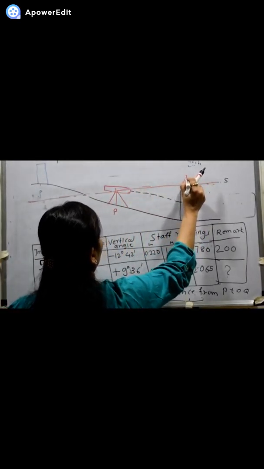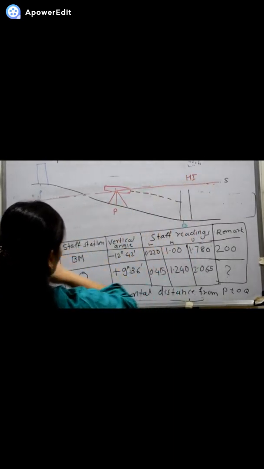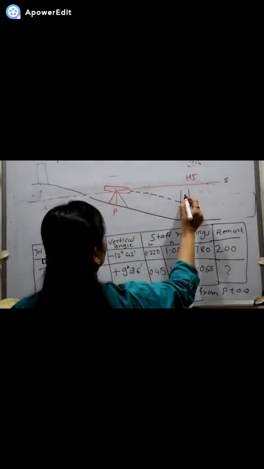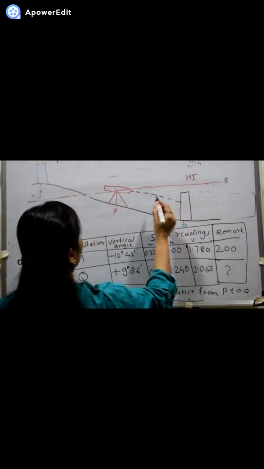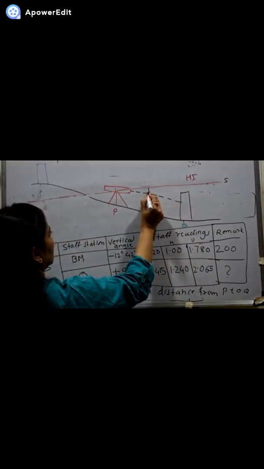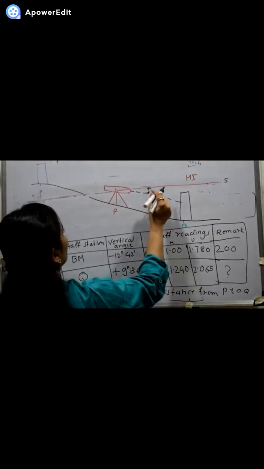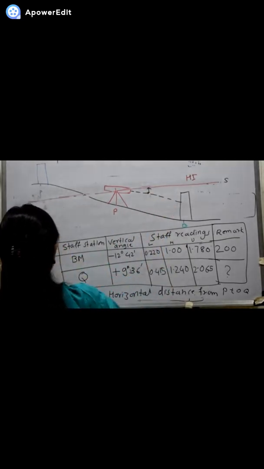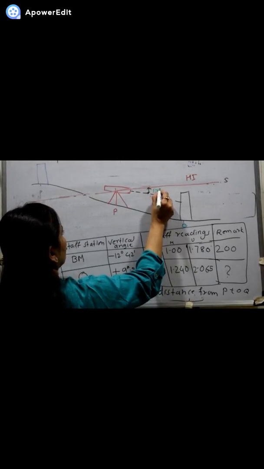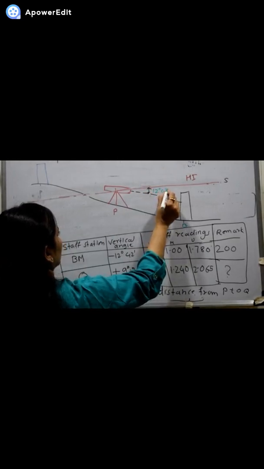This is HI, height of instrument. Now from that, the middle hair reading, this theta of B, the value is 12 degree 42 minutes.